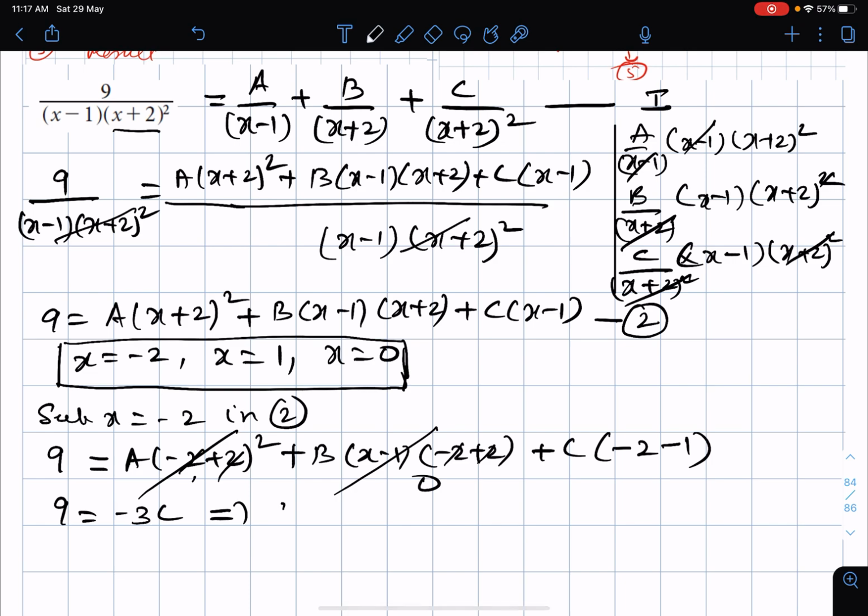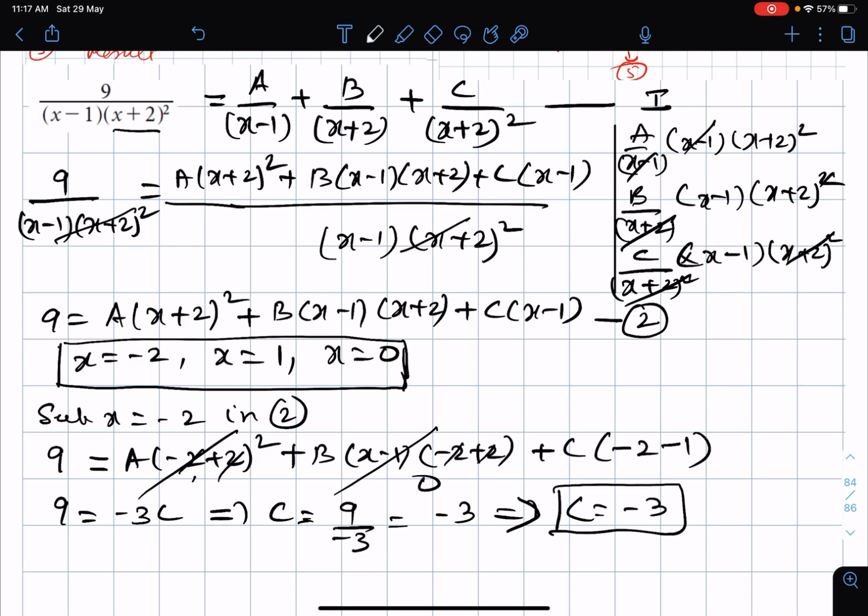Sorry, so c is going to be minus 3, because it is 9 by minus 3, that is equal to minus 3. So c equal to minus 3 is our first answer.